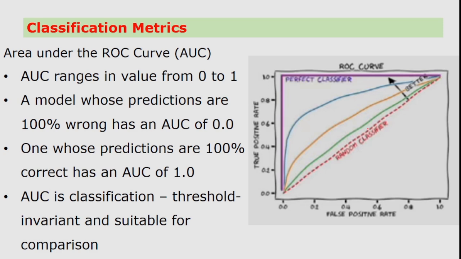AUC ranges from 0 to 1. A model whose predictions are 100% wrong will have an AUC value of 0. Once your predictions are 100% correct, your AUC value will be equal to 1. So AUC is classification-threshold invariant and suitable for comparisons.